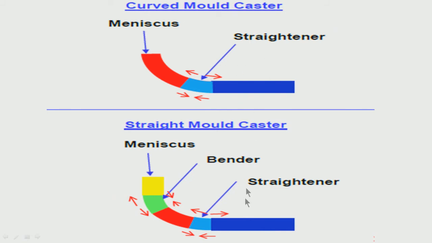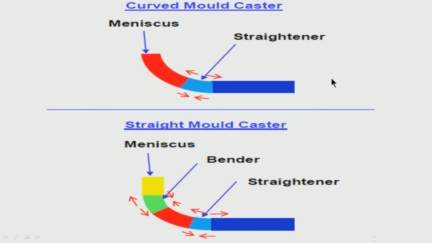In both the cases, if the inclusions are more or less uniform, we will have relatively more inclusions near the inner radius than at the outer radius. But for a straight mold, it is uniform.